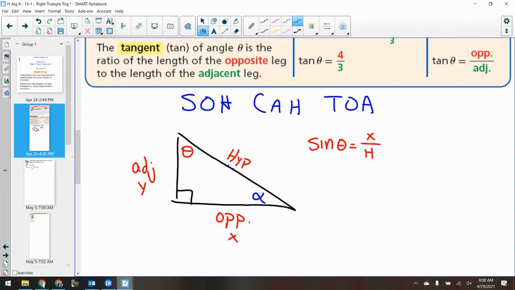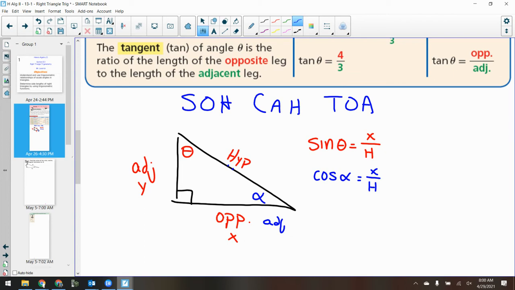If I'm choosing alpha, what is my cosine of alpha? That would be x over h. That's my adjacent now for alpha, right? X over h.